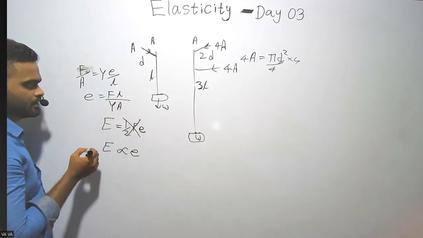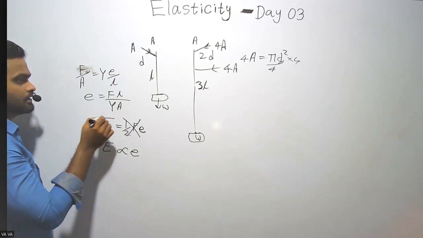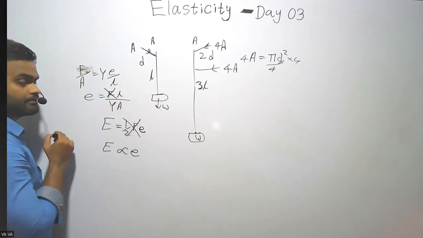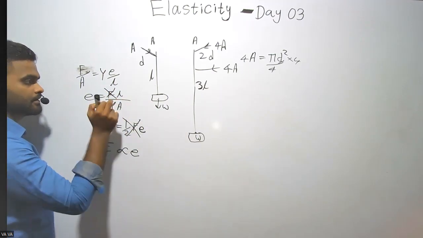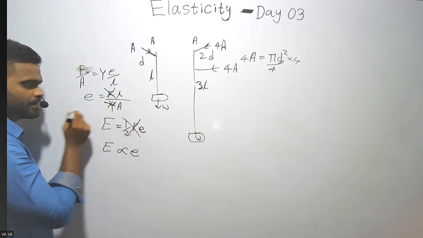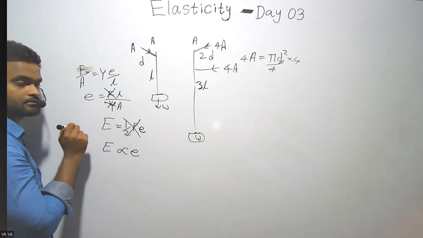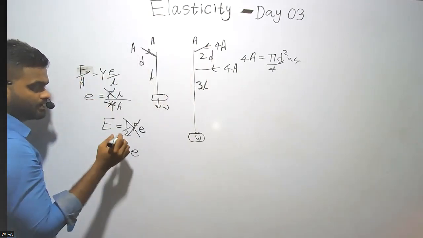Since F is the same for both, I'm getting rid of F. Length changes, same material, so get rid of Y. Cross section is different: this is A, this is 4A.